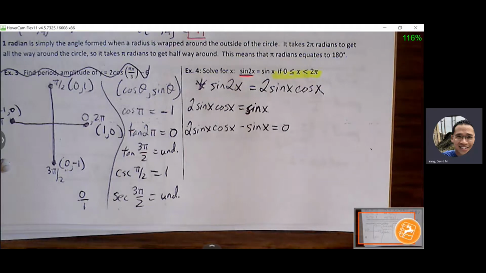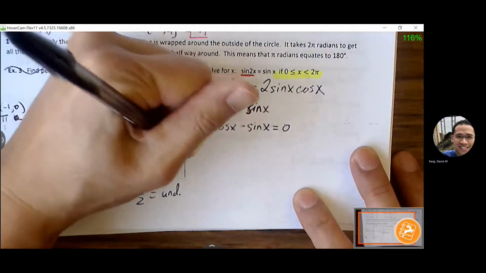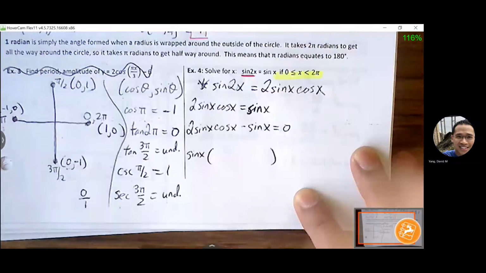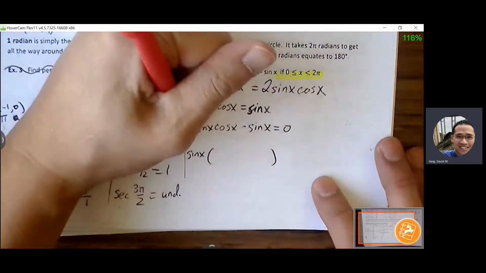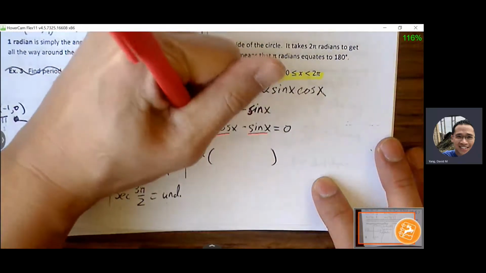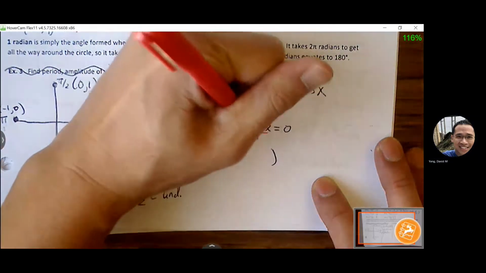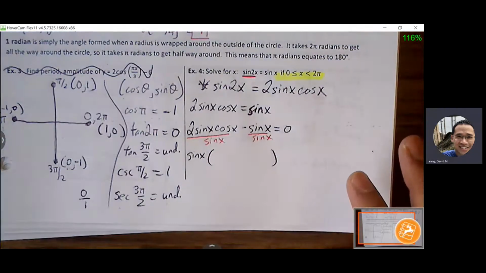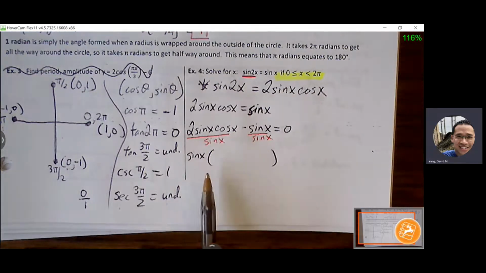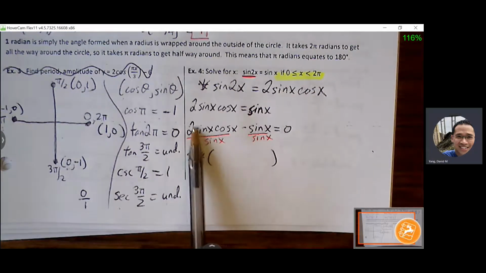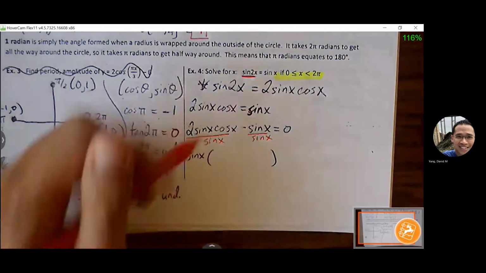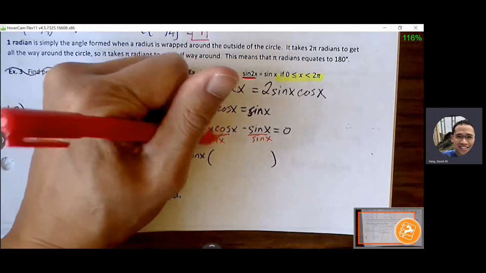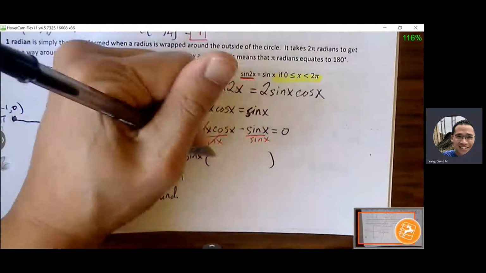So what can we do from here? Yeah, this is a GCF, right? GCF of sine of x. If I'm pulling a sine x out from each term, what I really mean is I'm dividing the sine x out, and whatever's left over goes into the set of parentheses. If I take a sine x out, what's left? 2 cosine x.